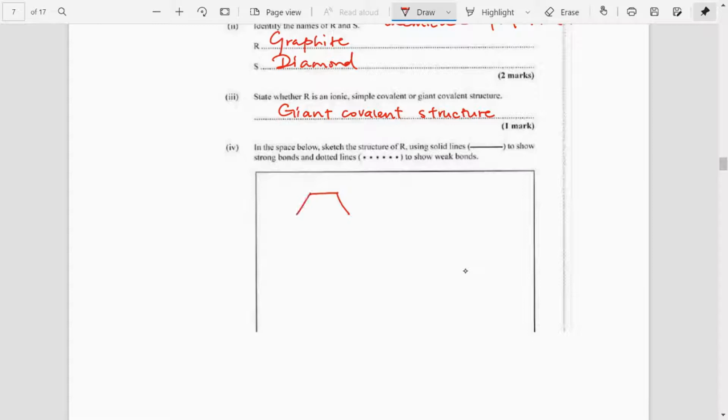So in graphite you have layers of hexagonally shaped bonds. Each carbon atom, let's draw those first.